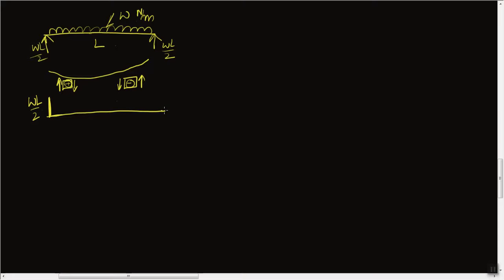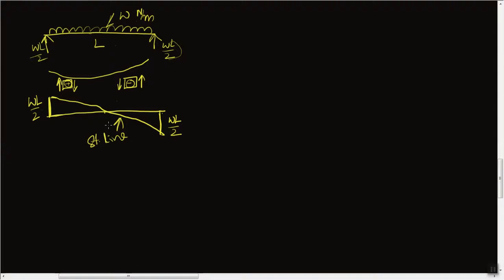Here we have the negative, so we draw a vertical line of the same magnitude, W into L by 2, and we can join these two by a straight line. This is the shear force diagram for this.